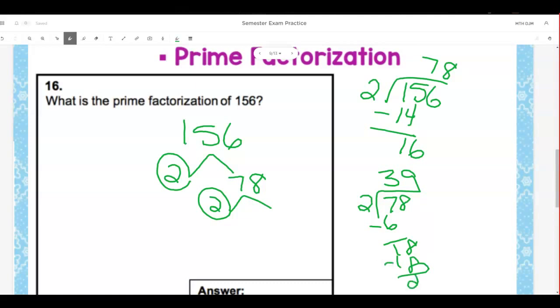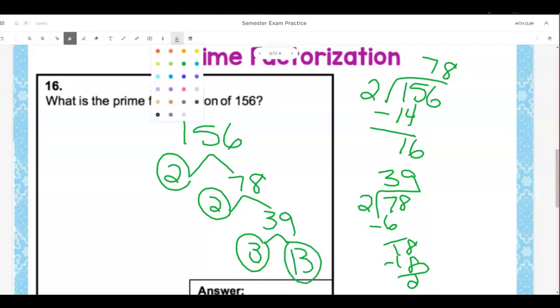Okay, so I'm out of even numbers. I'm on to 39. So I can tell by looking at that I can divide it by 3, right? Because a 3 and a 9. So we're going to divide this guy by 3. How many 3's go into 3? 1. How many 3's can go into 9? 3. 13, which is also a prime number.